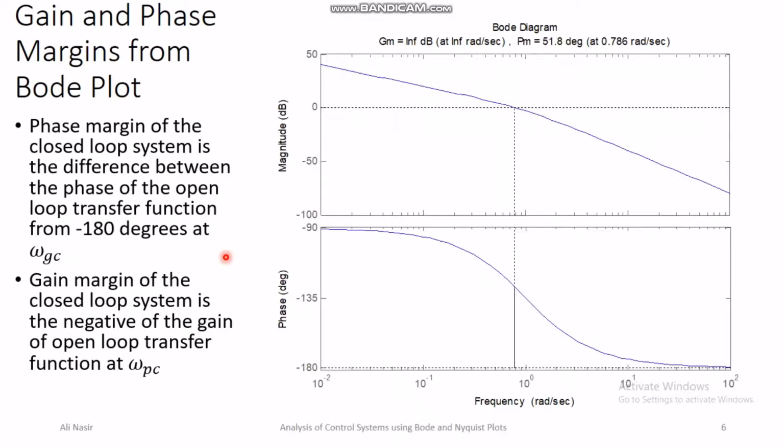Once again, I just want to repeat here that gain margin is the ability of the closed loop system to tolerate a disturbance of certain gain without losing stability. So if the gain margin is 30 dB, that means any disturbance within 30 dB magnitude cannot make the closed loop system lose its stability property.